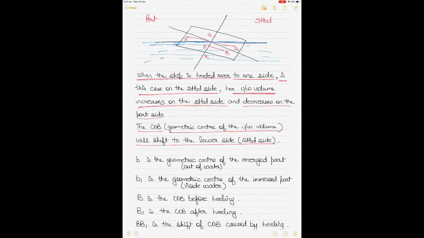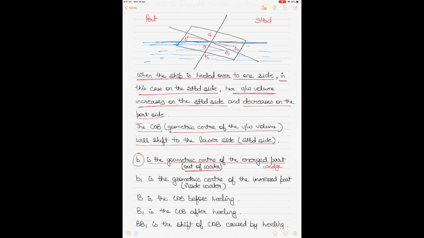And that is why you can see there is a shift in the center of buoyancy from B to B1. In the diagram above, the small b becomes the geometric center of the emerged part out of the water, that is the wedge, the immersed part of the wedge out of the water.